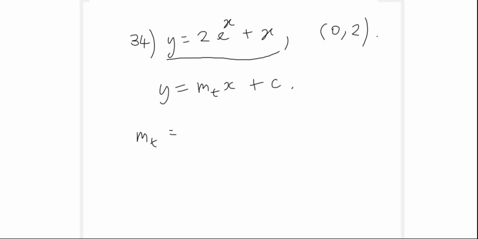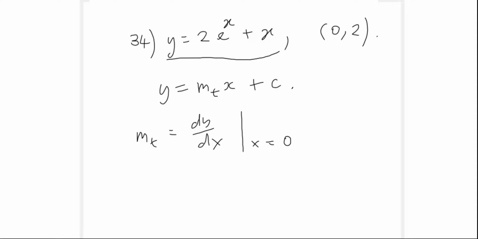So we differentiate y with respect to x, and we evaluate that derivative at x equal to the x coordinate of the given point, which is 0. We calculate the derivative, and we evaluate the derivative at the x coordinate of the given point. That's how we find the gradient of the tangent line that we're looking for.